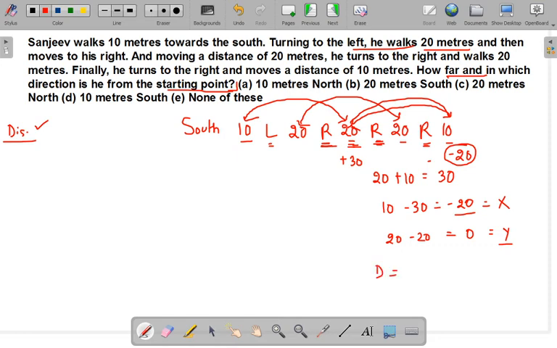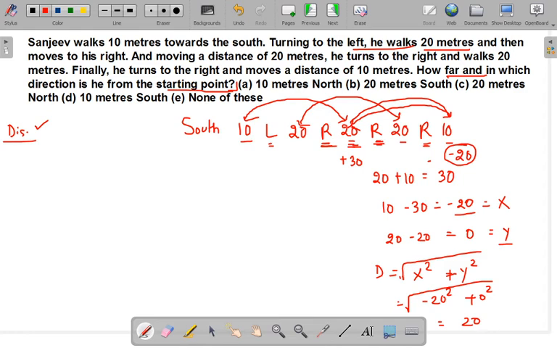Distance d is equal to the square root of x squared plus y squared, which is minus 20 squared plus 0 squared, which is 20. Sorry, this is not minus, this is plus. So distance d is equal to 20 meters.